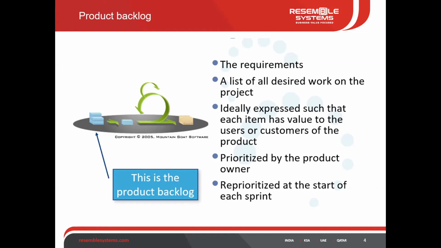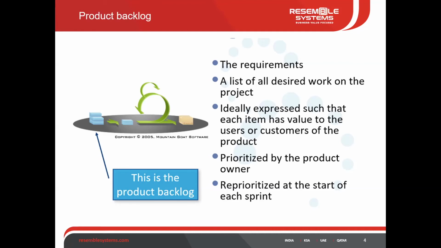Once you have the complete backlog, I can prioritize it. To prioritize, the product owner needs to understand how the business is impacted by each feature, and what its urgency is.